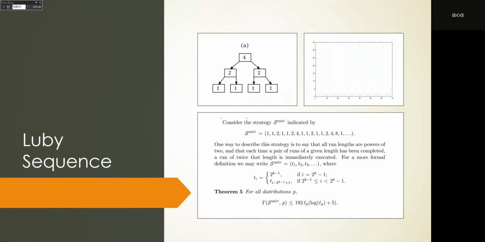The paper proves that the universal strategy can always have an upper bound on running time, and this upper bound is reasonable for all simple strategies. So the universal strategy is close to the optimum strategy, and we can use it.